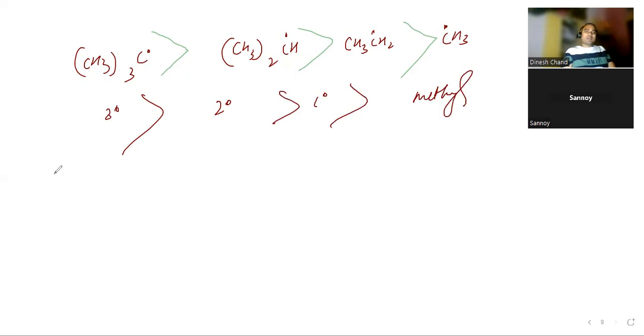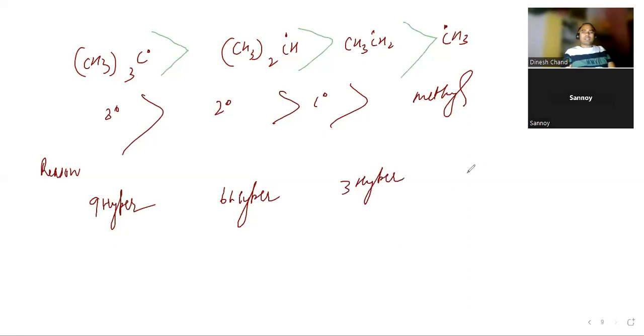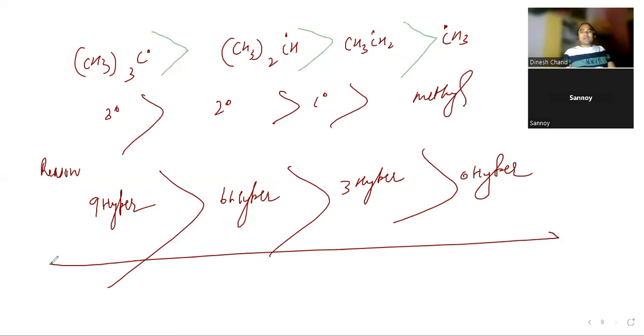Now, what is the reason? The reason is 9 hyperconjugating structures, 6 hyperconjugating structures, 3 hyperconjugating structures, 0 hyperconjugating structures. So greater the number of hyperconjugating structures, greater will be the distribution of the scarcity of electrons, greater will be the stability. Got it? Yes, sir. So decreasing order of stability.